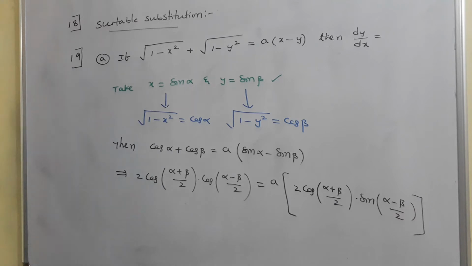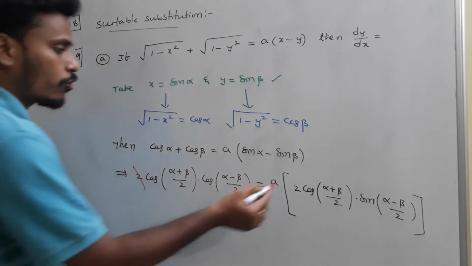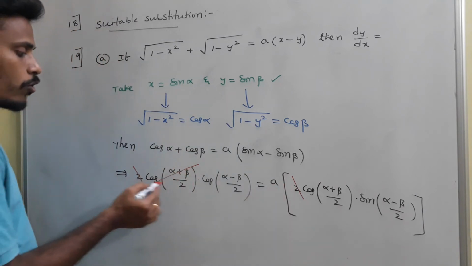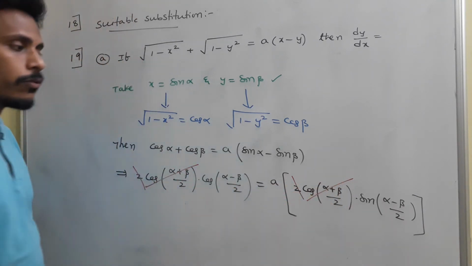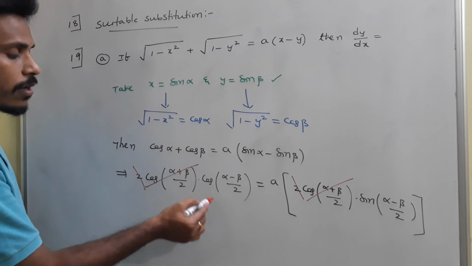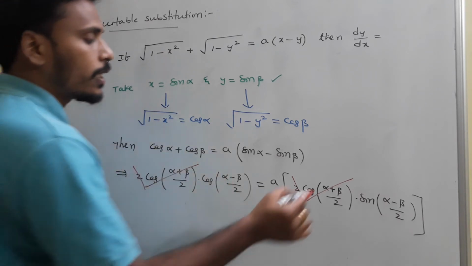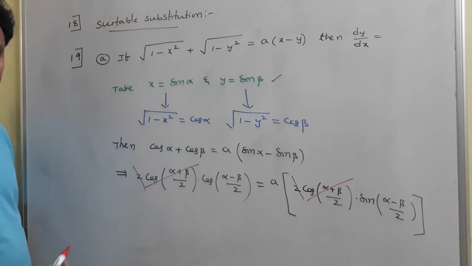You have a chance to cancel out 2 and cos of alpha plus beta by 2 on both sides. Cancel out this 2, as well as this cos of alpha plus beta by 2. Now, this is cos of alpha minus beta by 2, that is sin of alpha minus beta by 2.